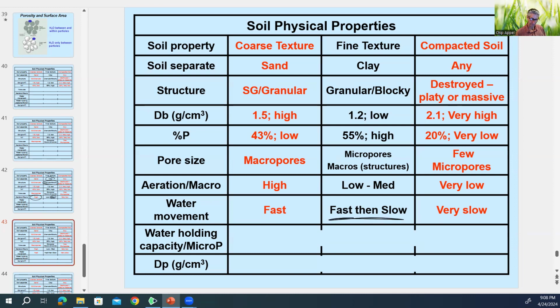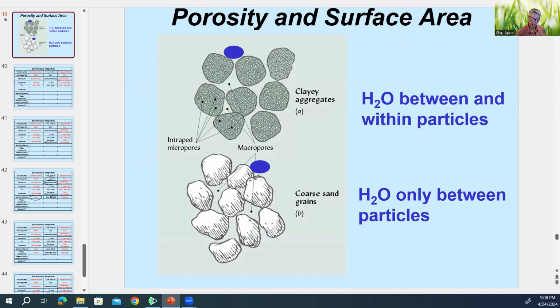So let's talk about this, fast and slow. Initially, if we talk about this as clay with kind of granular structure, water is going to move super fast through here, super fast through here, between the granules. So that is accounting for the fast movement of water. But over time, water is going to start moving inside the granules.